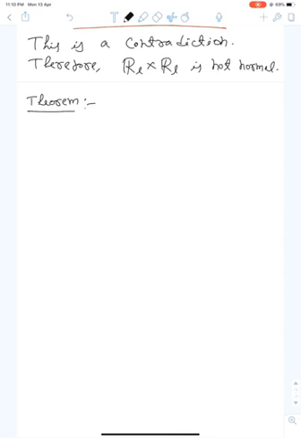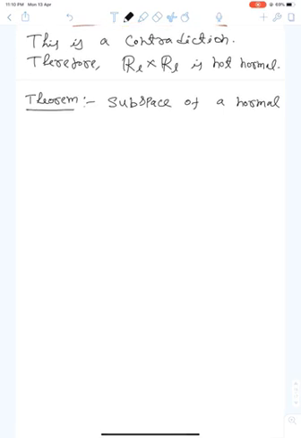That means the product of two normal spaces may not be normal. Now we prove a similar result, that a subspace of a normal space may not be normal.